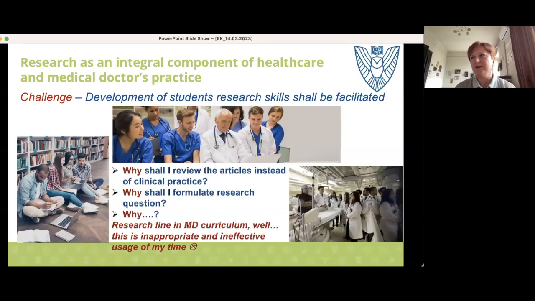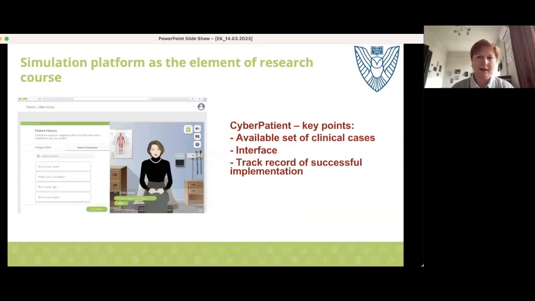And during the online period, I saw too many attractive points specific to the simulation platforms. Here comes the point, the CyberPatient, and the platform inspired us about the possible alternative performance of the research line within medical curricula.